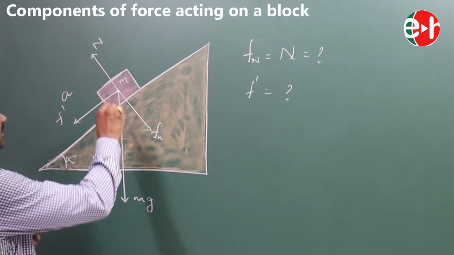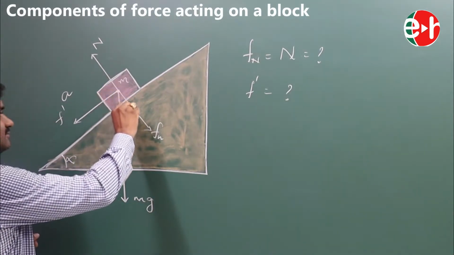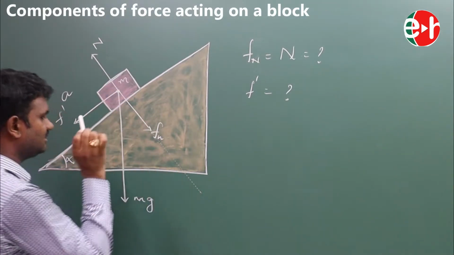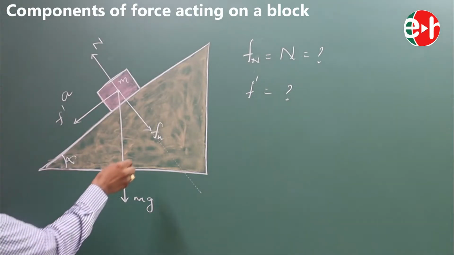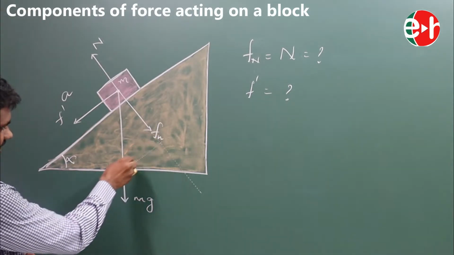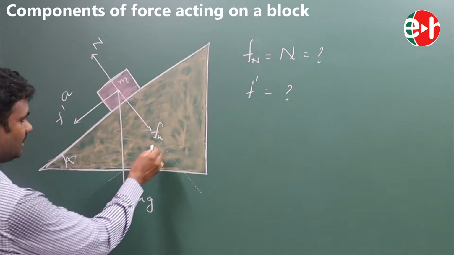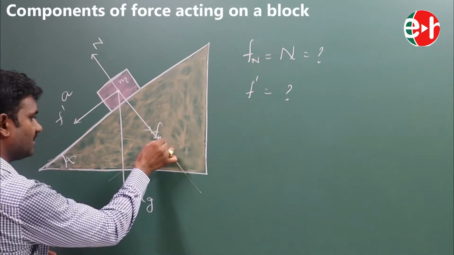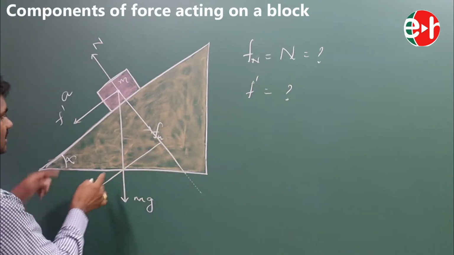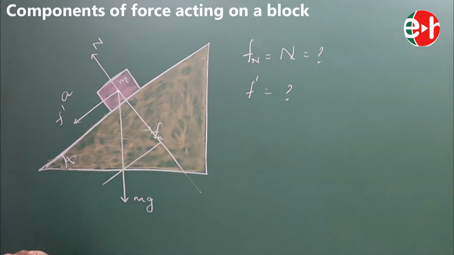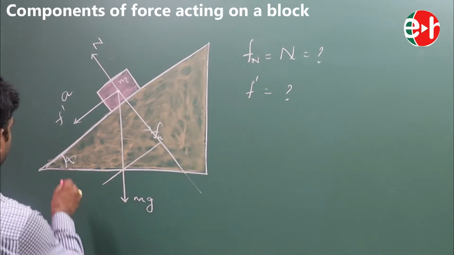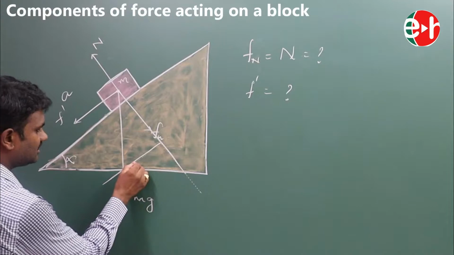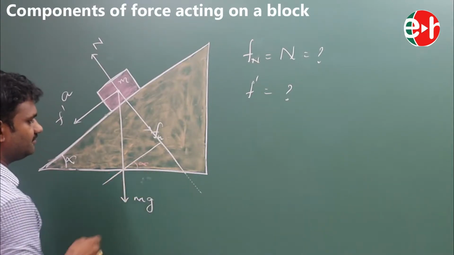Now, can I extend this like this, and draw one imaginary line like this? Now, this is one line and this is one line. See, these two are parallel to each other. If this is alpha, what is this? This is obviously alpha.